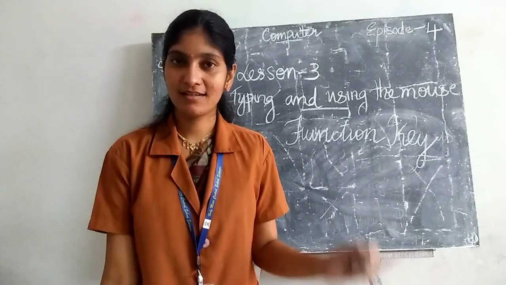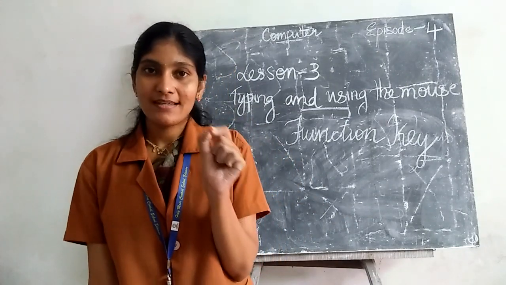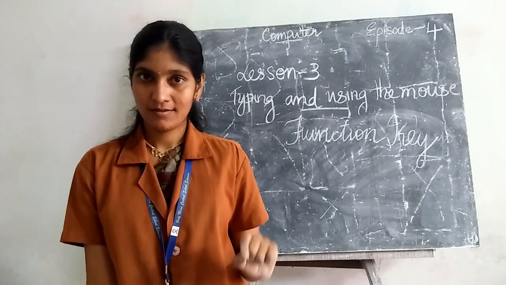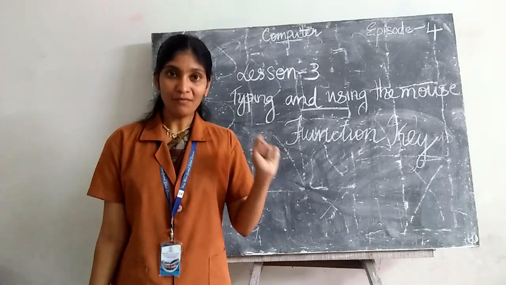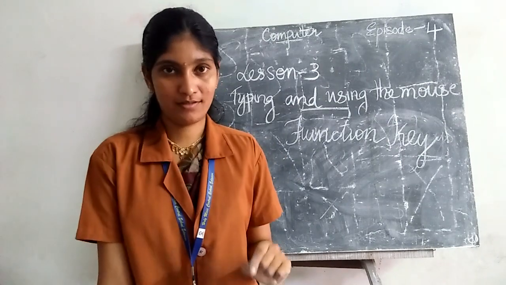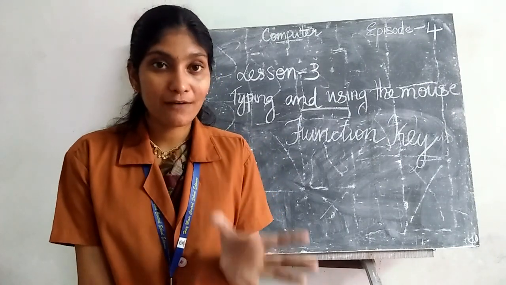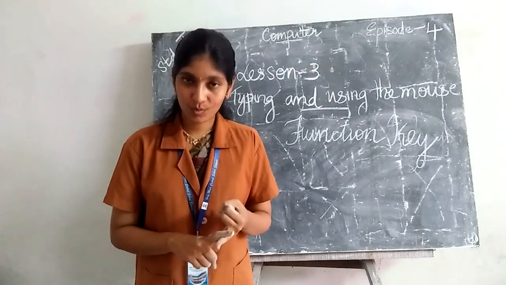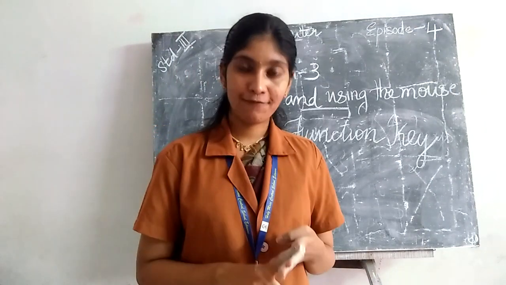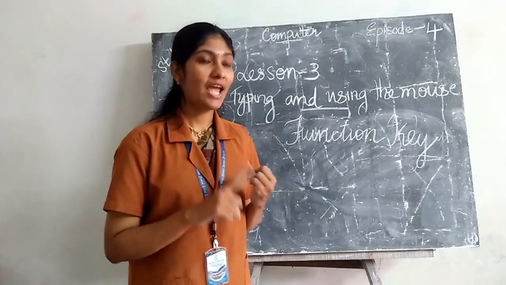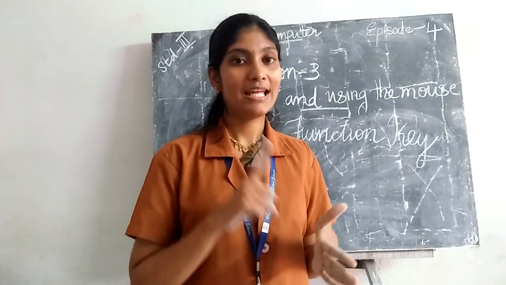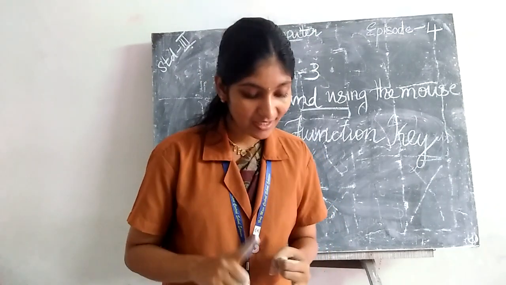Function key means each function key is used for its own purpose. There are many function keys on the keyboard, from F1 to F12: F1, F2, F3, F4, F5, F6, F7, F8, F9, F10, F11, F12.